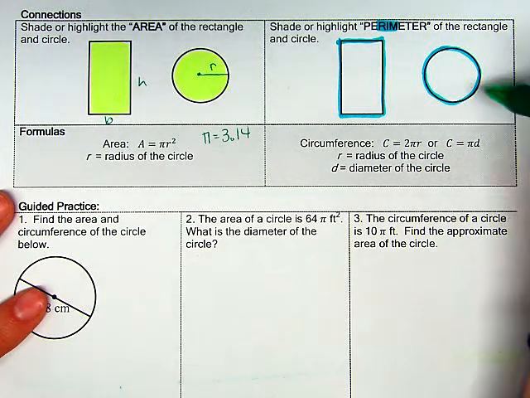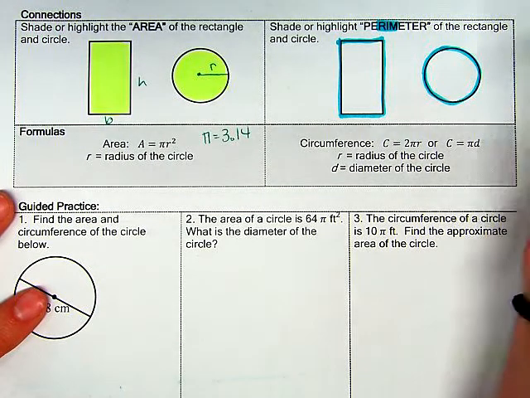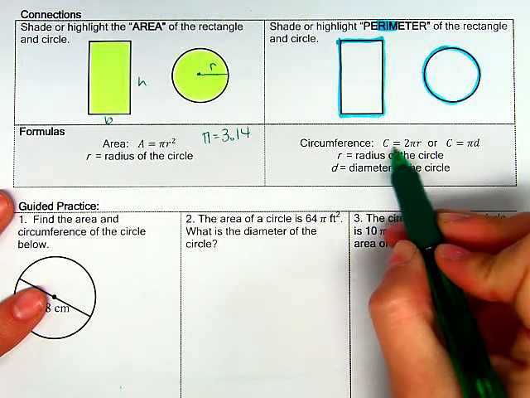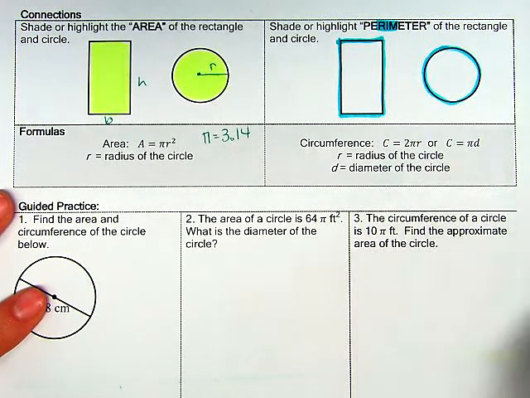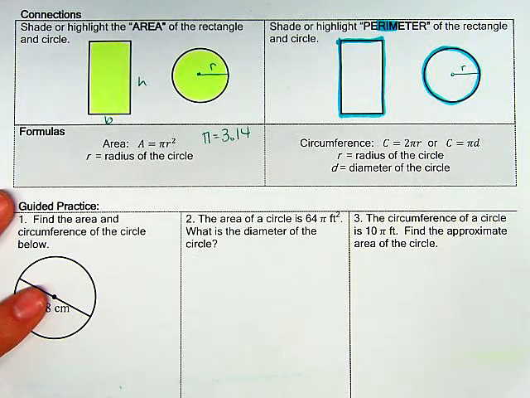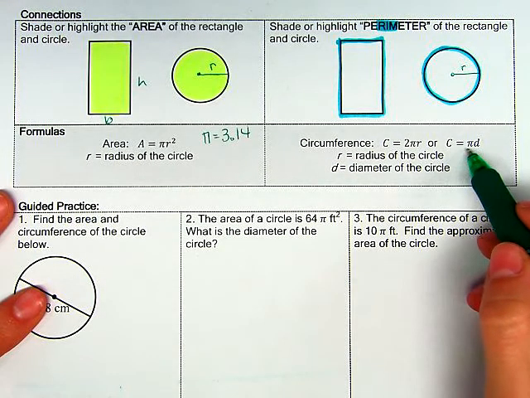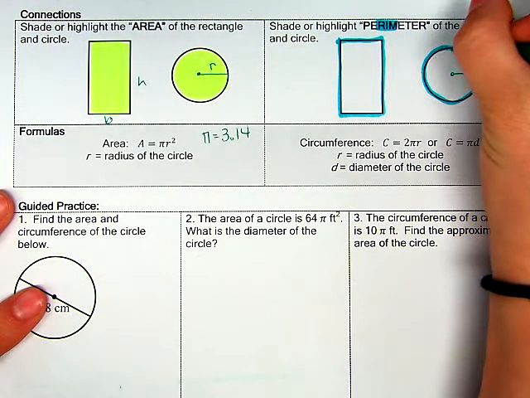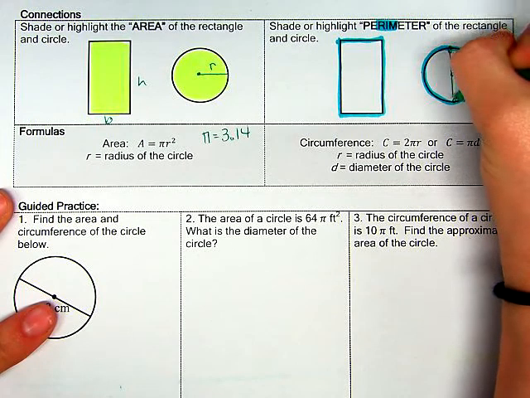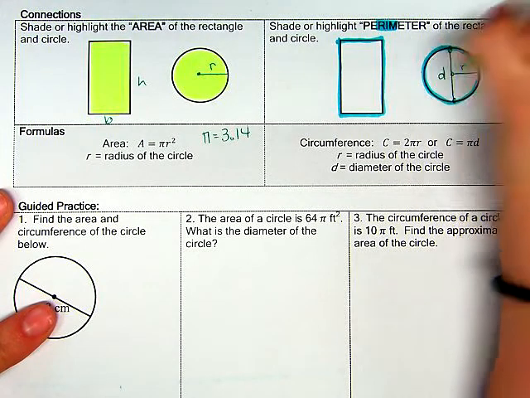For the circumference, or the perimeter, there's two ways you can do it. You can say circumference is 2 times pi times the radius, or you can say circumference is pi times the diameter. So diameter has 2 endpoints on the circle and goes through the center, so that would be my diameter.